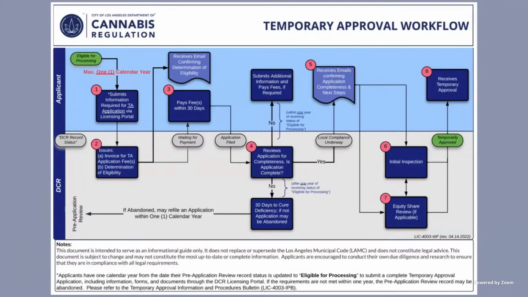Once we've completed that, if the equity share review hadn't already been completed, it will need to be completed, and the business will have the ability to request an initial inspection. Once those two things are done, we issue temporary approval, and we will begin accepting annual applications from new applicants and existing licensees beginning on Monday, May 1st.